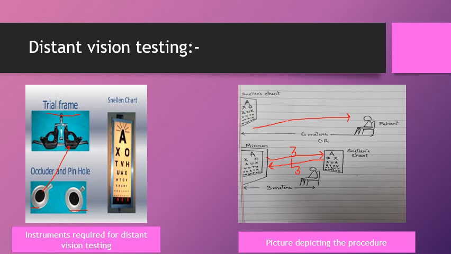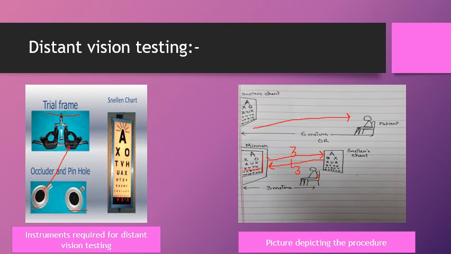After the patient is seated, and after we make the patient wear the trial frame and occluder in one of the eyes, we will ask the patient to read the letters from top to bottom of the Snellen's chart. The last line the patient can comfortably read is taken to be his uncorrected visual acuity.